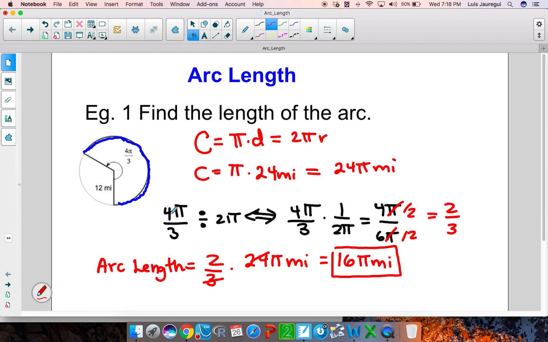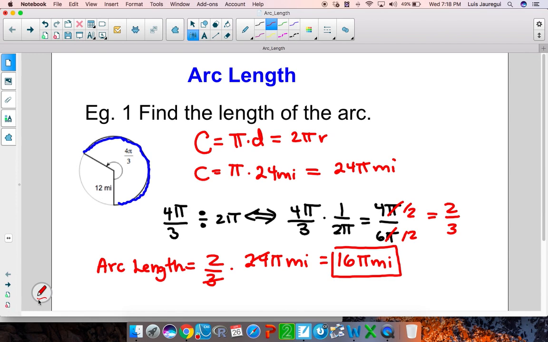So we did that by saying, let's take 4 pi over 3 divided by the 2 pi, which is the entire central angle corresponding to the whole circle. And we simplify that. In this case, we got that to be 2/3. So we're only taking 2/3 of the entire circumference. Hence, the arc length is 2/3 of the circumference of 24 pi miles. And that reduces or simplifies to 16 pi miles.